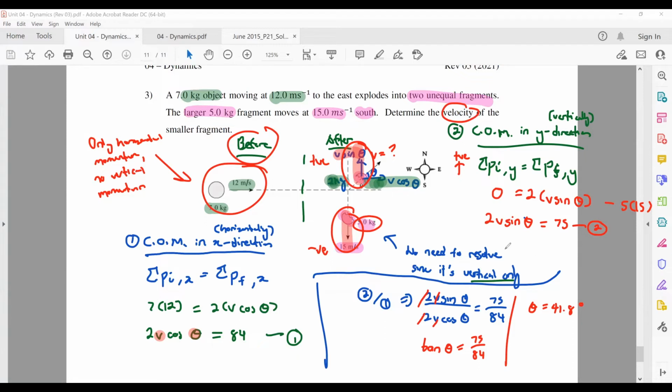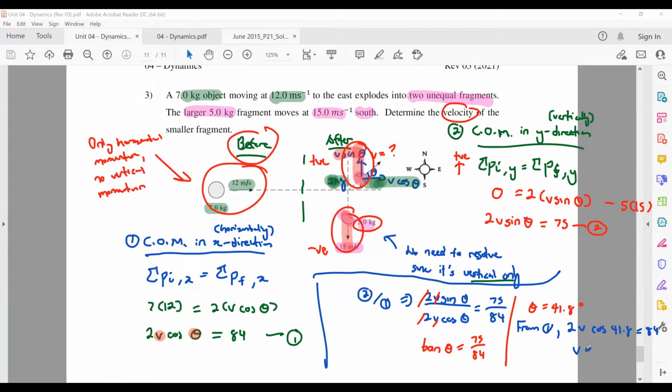Okay, but this is not yet complete. They want the velocity, right? So right now, you can choose either equation 1 or equation 2 to find the V. It doesn't matter which one you use, but let's say I use equation 1. From 1, 2V cos 41.8 equals 84.